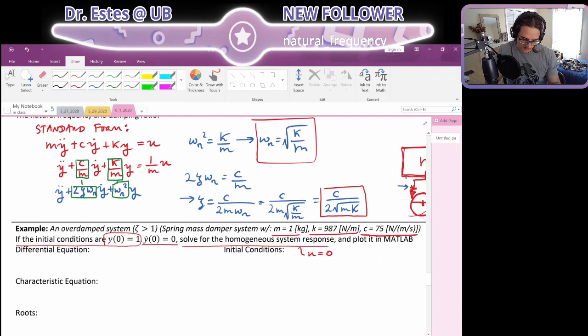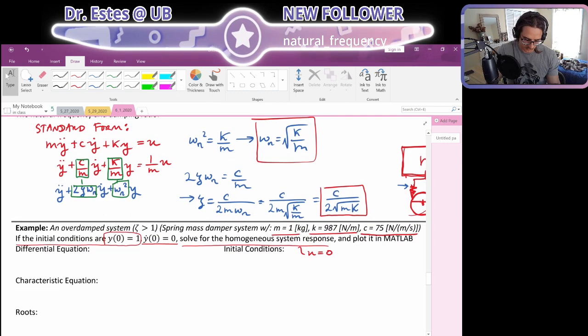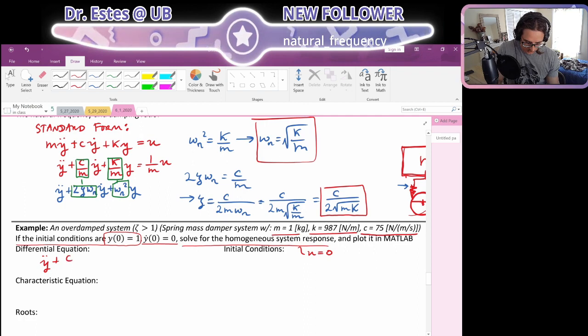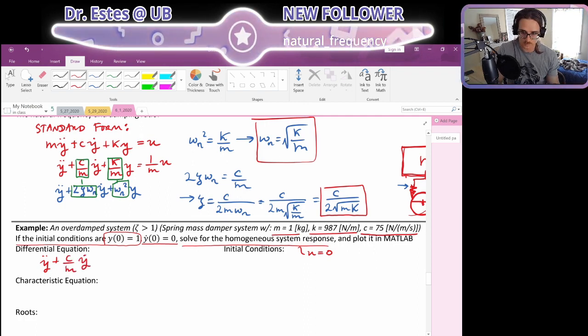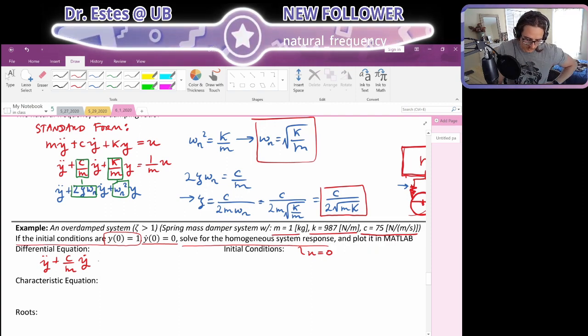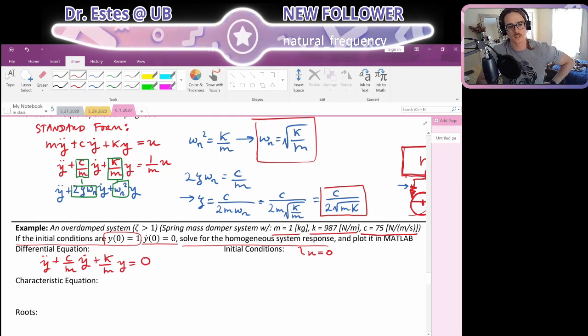Let's do this. So we're going to write out the differential equation first. y double dot plus C over M y dot plus K over M y equals 0, because it's just homogeneous. There's no external force.